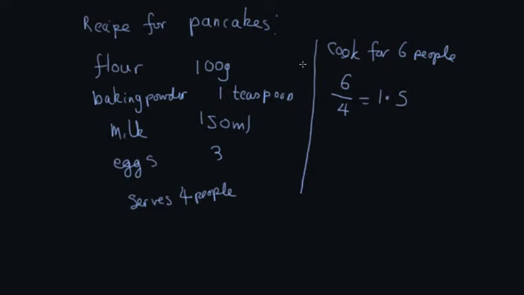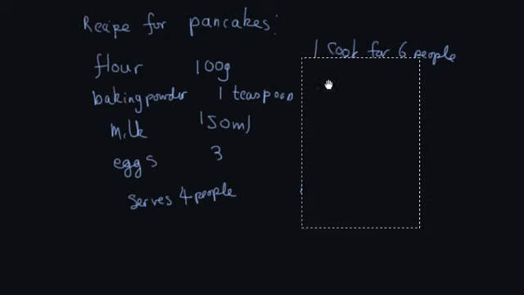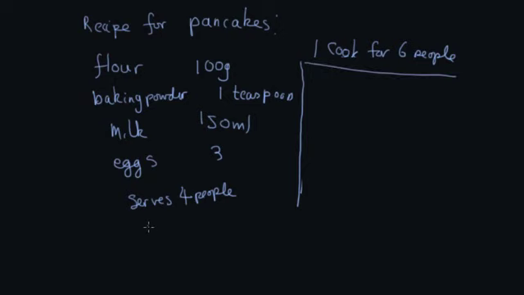So the 100 grams of flour times 1.5 is going to be 150 grams. The 1 teaspoonful is going to be 1.5 teaspoonfuls.